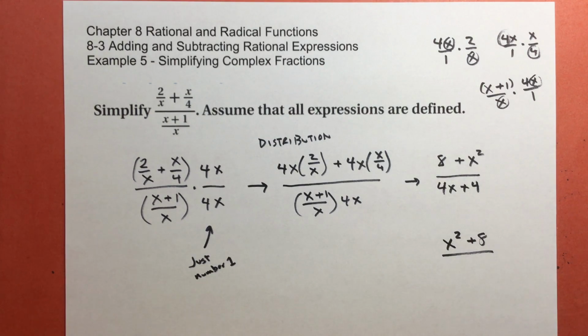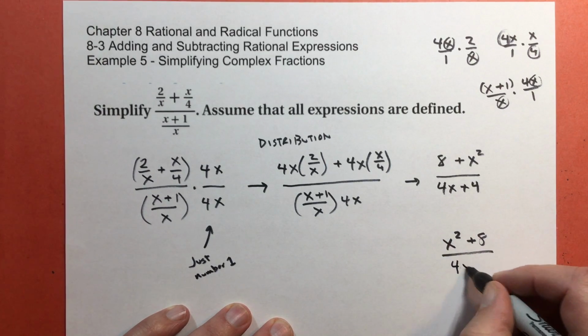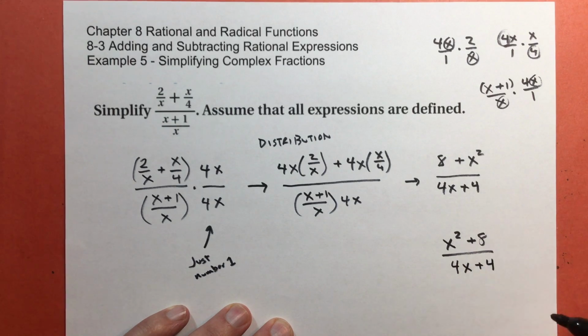If it was open-ended or a written test, I'd be okay with either way, unless the directions said differently. 4x plus 4 has a common factor of 4, but nothing's going to cancel. And that's all there is to it. We'll have a couple of these to practice, but again, it's just meant as a new skill that will help you later down the line.